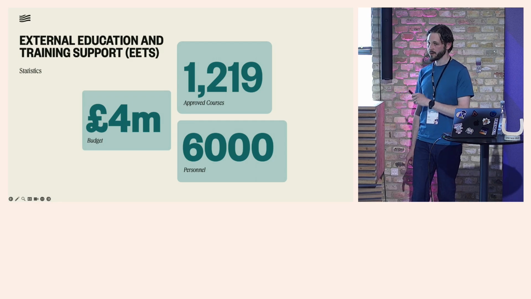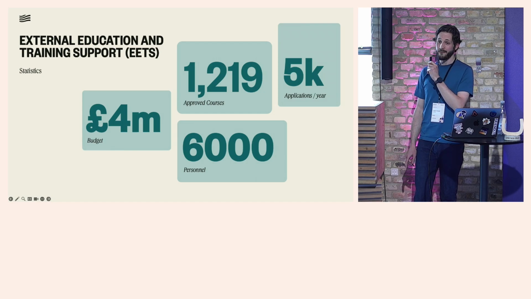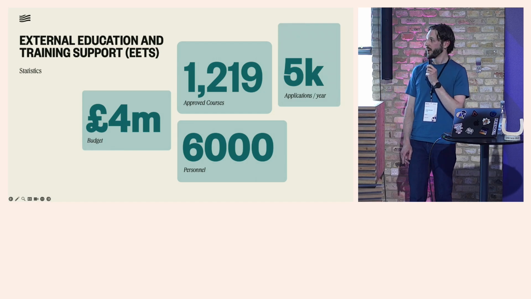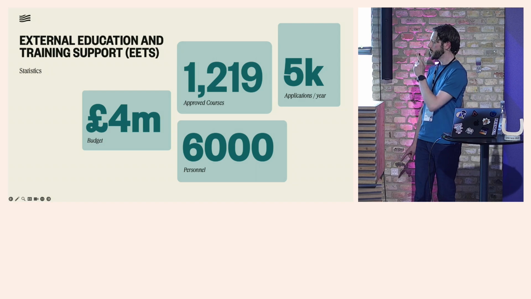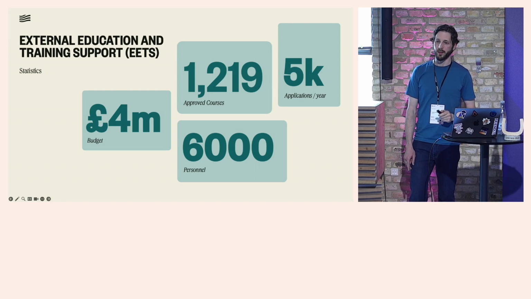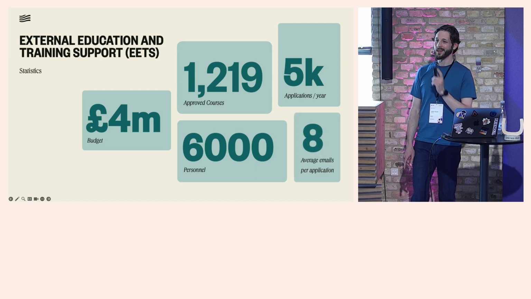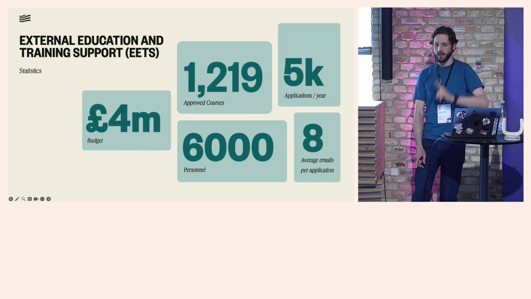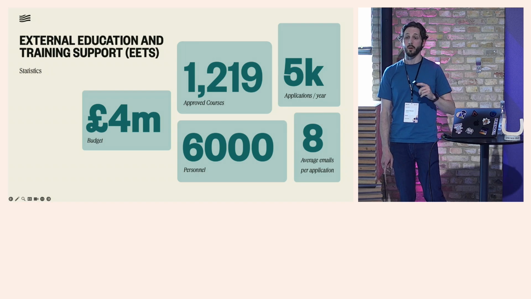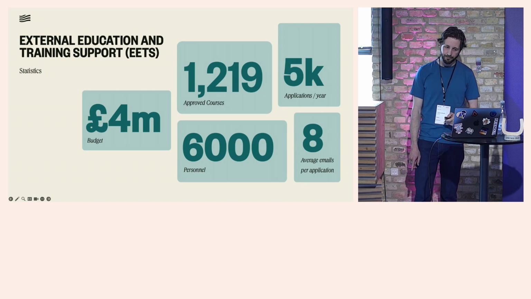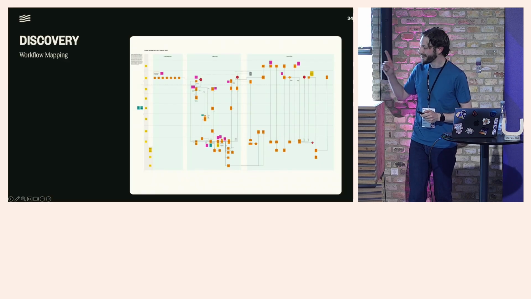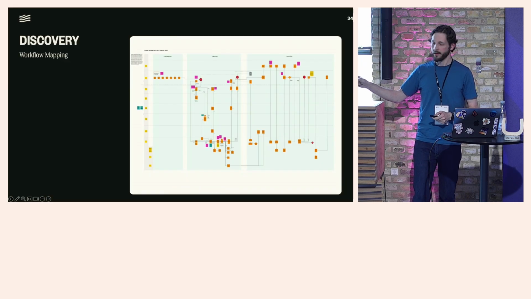For those 6,000 personnel, they get 5,000 applications for training every year. And this is the kicker. In order to support the 5,000 applications, on average, they need 8 emails going backwards and forwards between them and the various people that need to approve the courses. When we started doing the discovery for this project, we mapped out the workflow. That's what the workflow looks like.